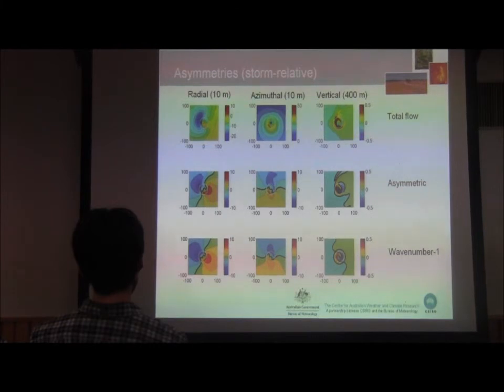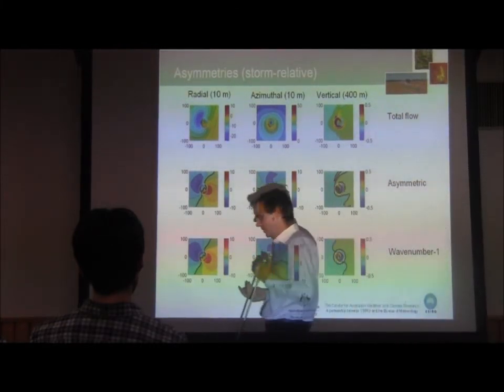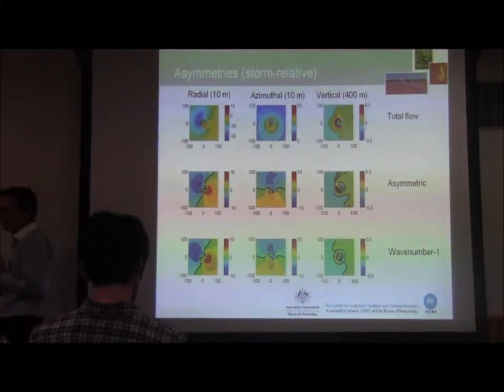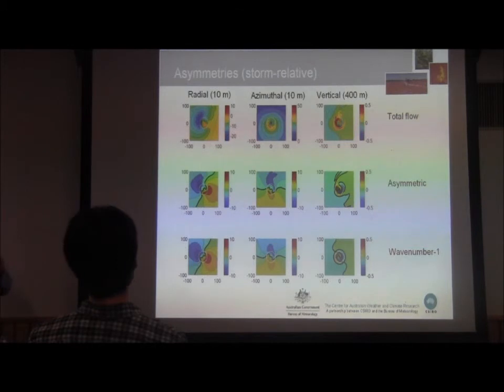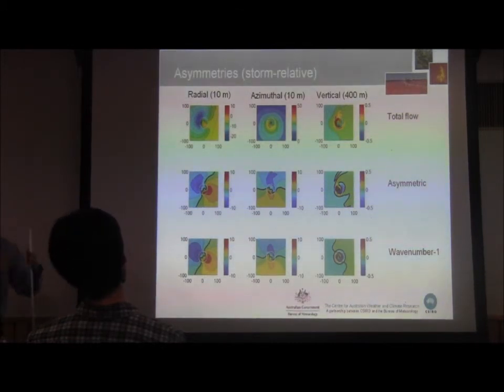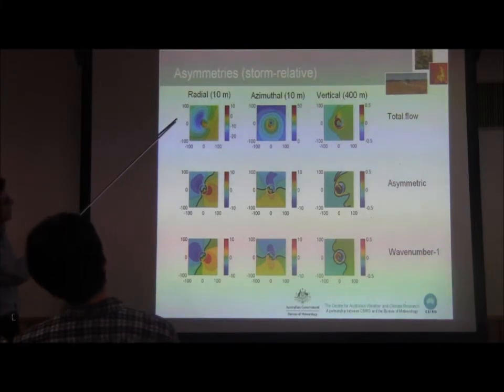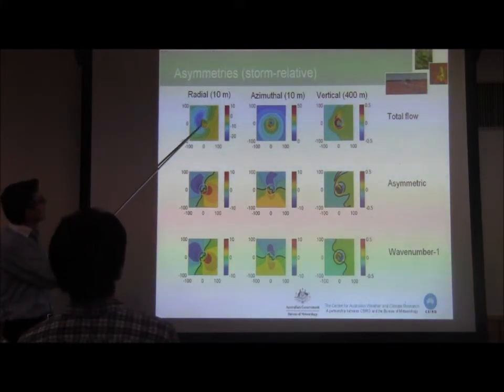It's actually more useful to think of these in terms of the storm-relative flows. So if I plot exactly the same data, but this time the winds have been calculated relative to the storm rather than relative to the Earth, we get a somewhat different looking picture.